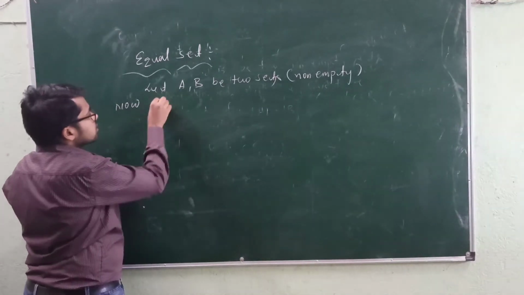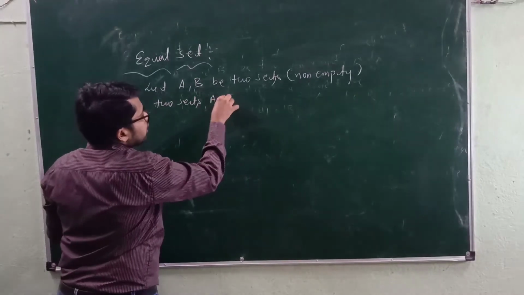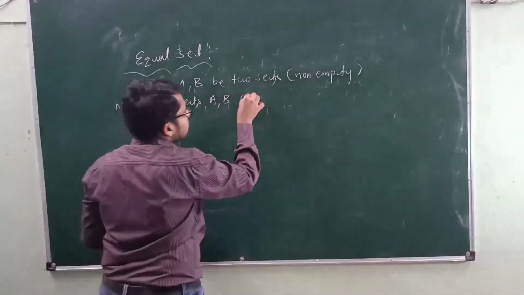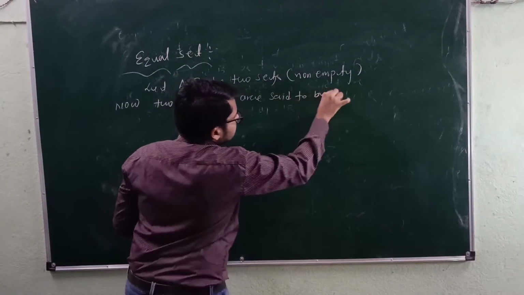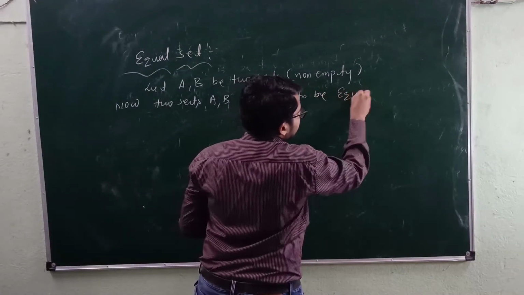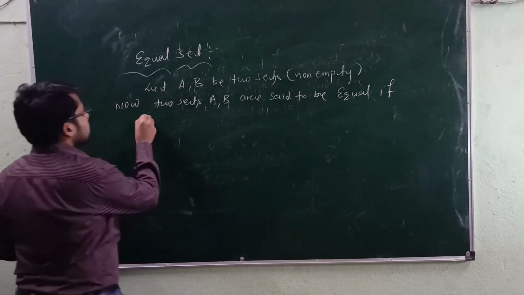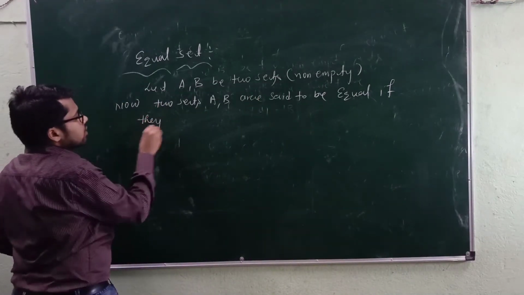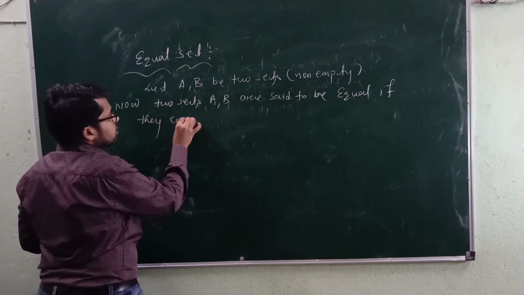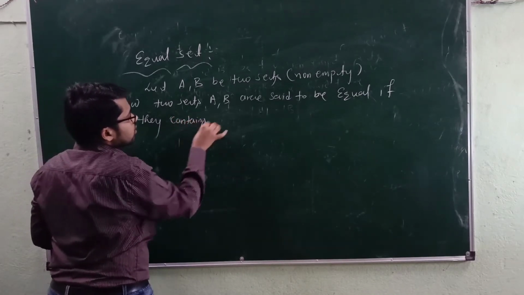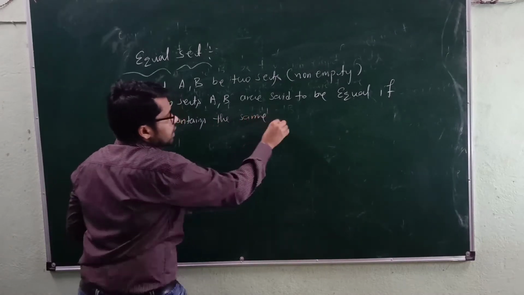Now, two sets A, B are said to be equal if they contain the same elements.